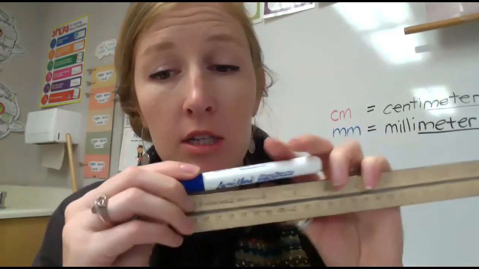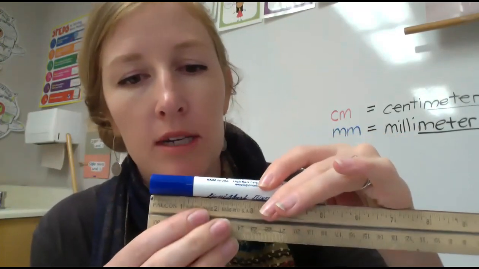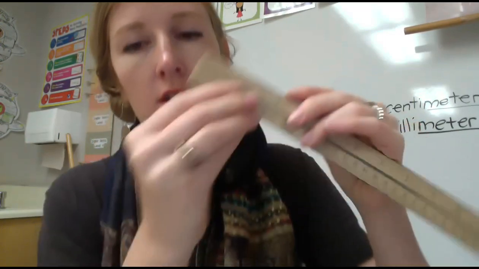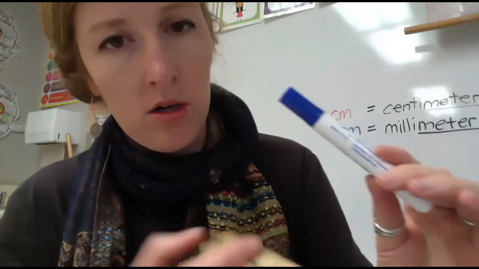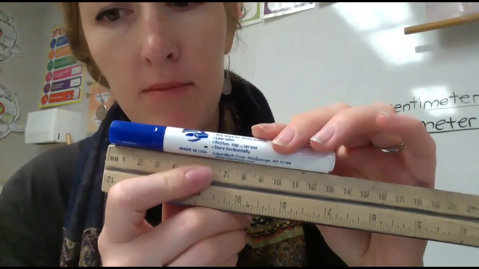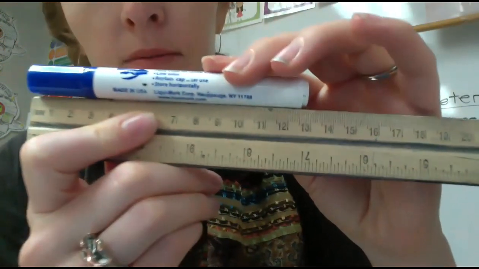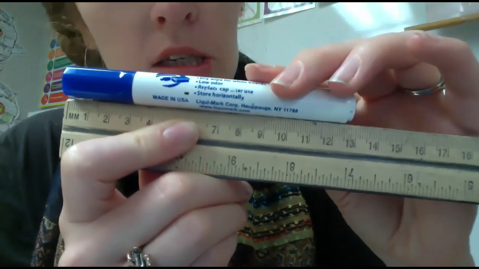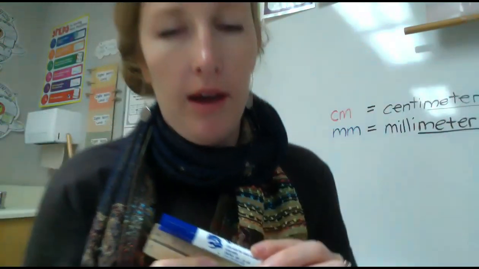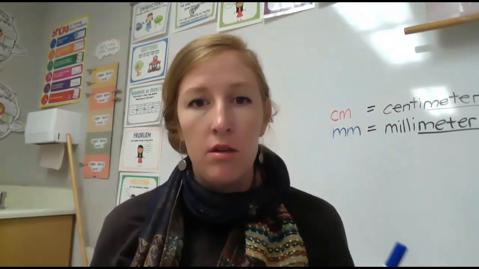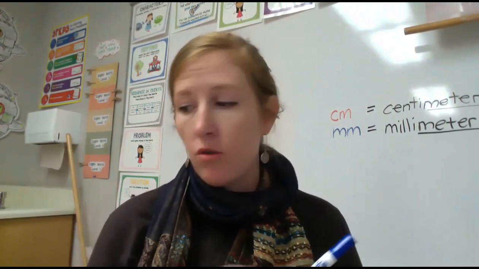whatever you're measuring, it's your choice if you want to do it in inches. This is like exactly 5 inches. Or you could tell me the length in millimeters or centimeters. This is about 13 centimeters. Okay, so you're gonna pick 6 things. You can measure in inches, centimeters, or millimeters.